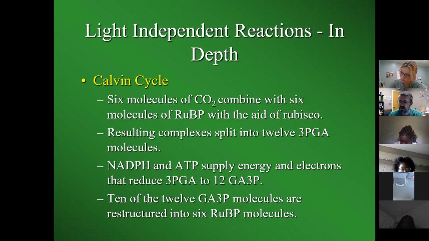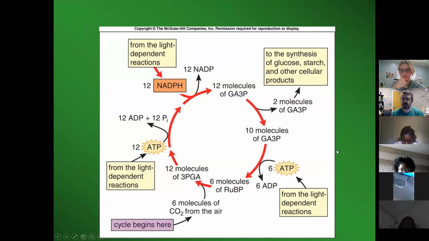Now, we make 12 if everything goes well. 10 of those 12 get turned back into RuBPs. 2 of them are extra and they get kicked out of the cycle. Not as a bad thing, but actually as food.